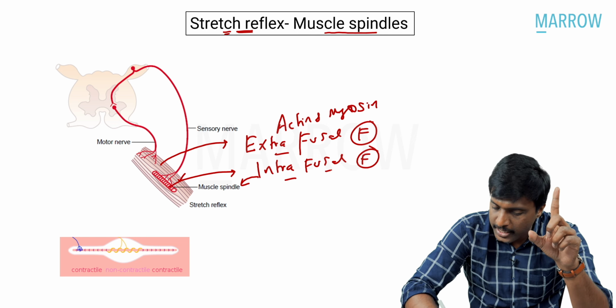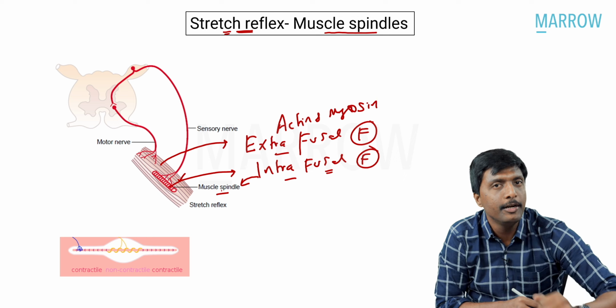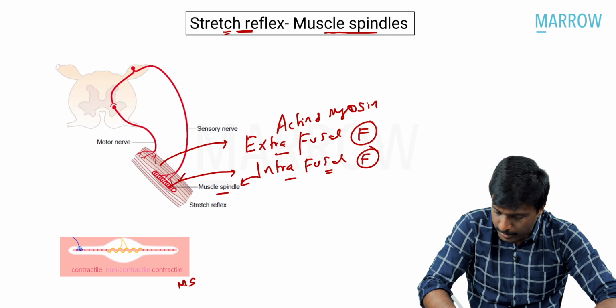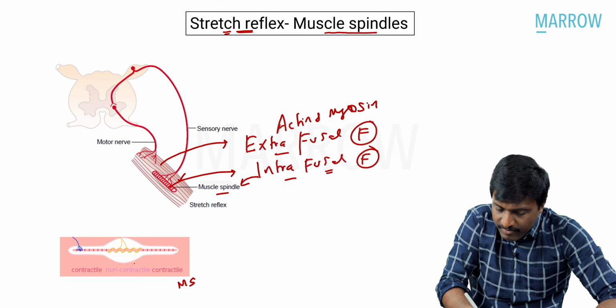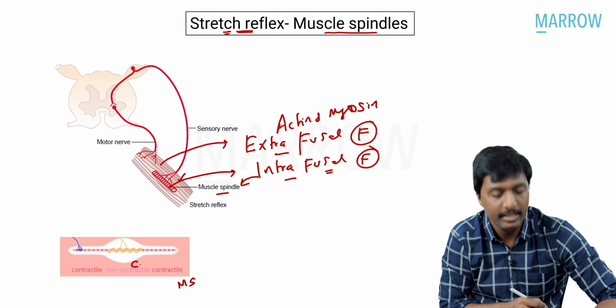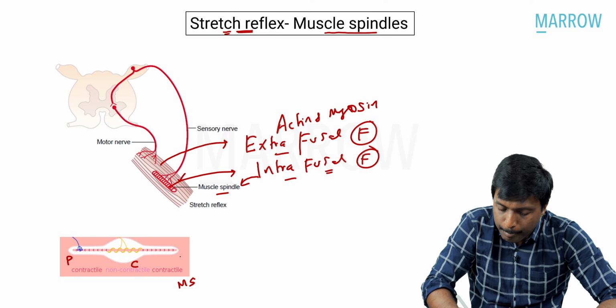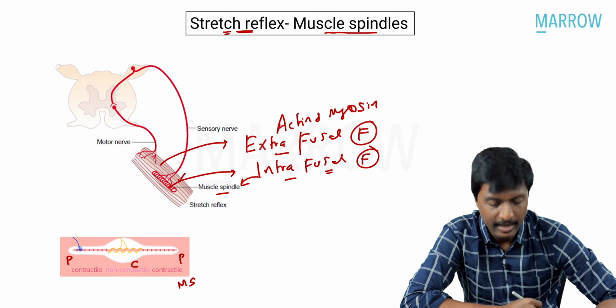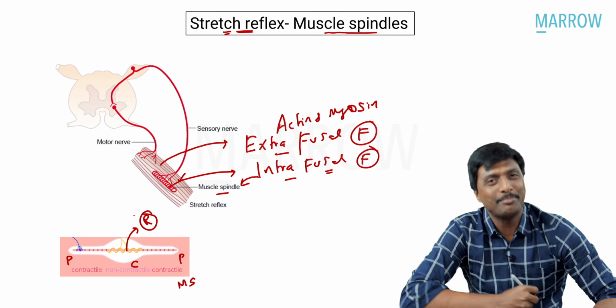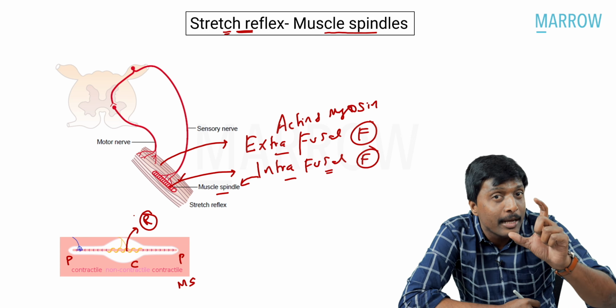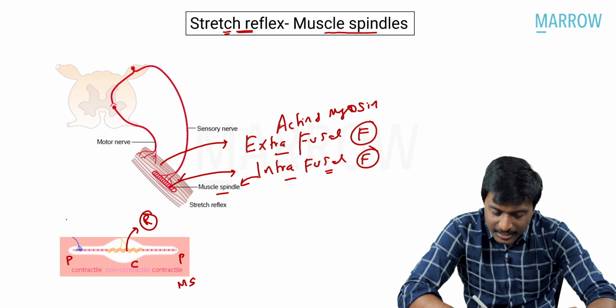If you look into this intrafusal fiber, this is my muscle spindle. It has two ends. It has a central portion, and it also has two peripheral ends. In the central portion you see the receptor part. In the peripheral region you see innervation.